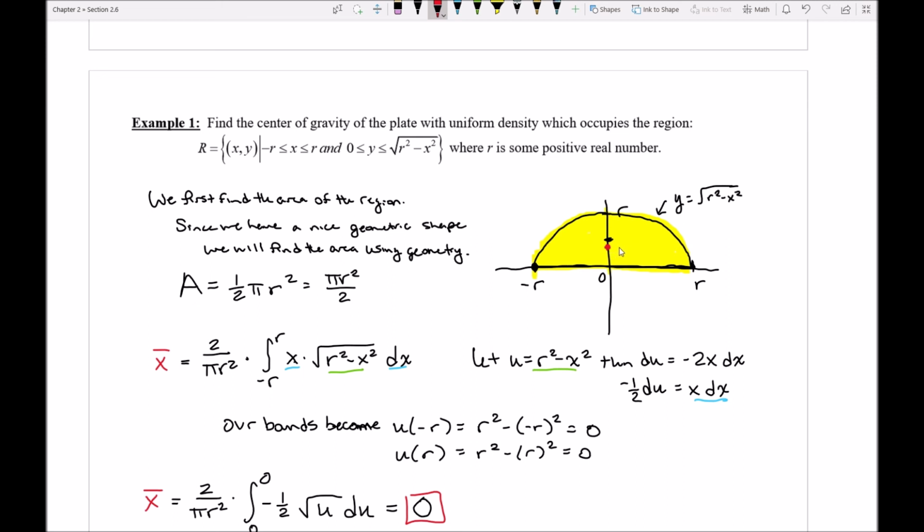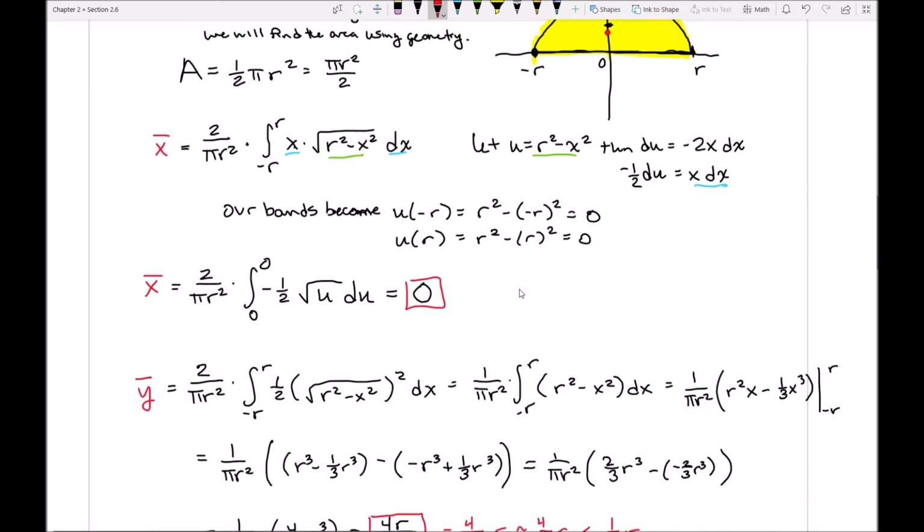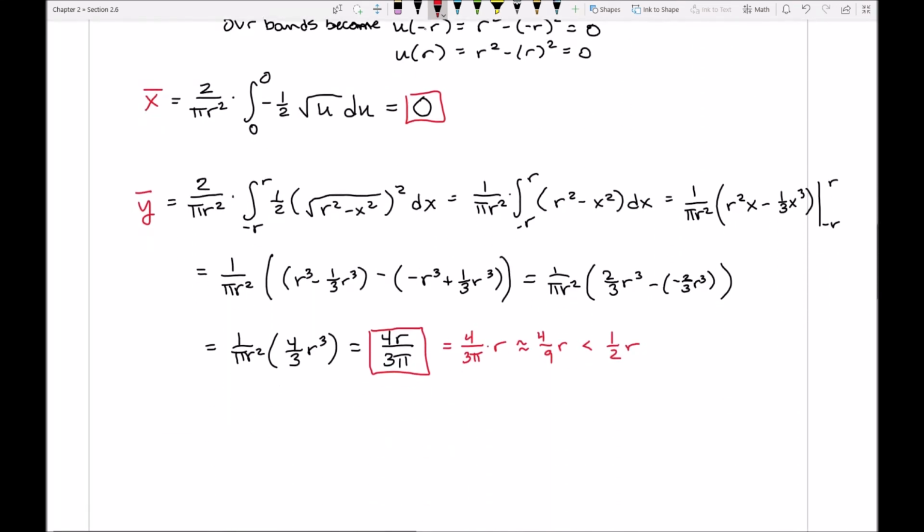This here is our center of mass. And you can see that actually does make a lot of intuitive sense. So we can go ahead and see here that our center of mass can be expressed as the point 0, 4 times r over 3 pi.